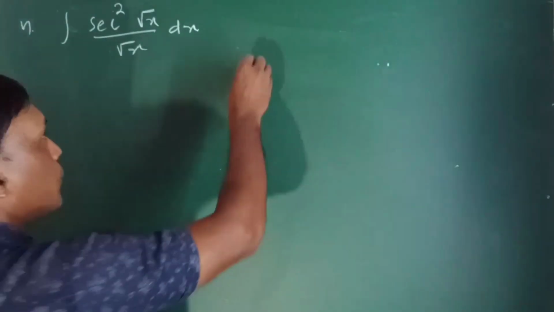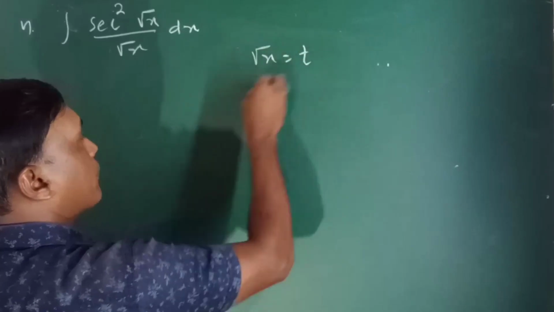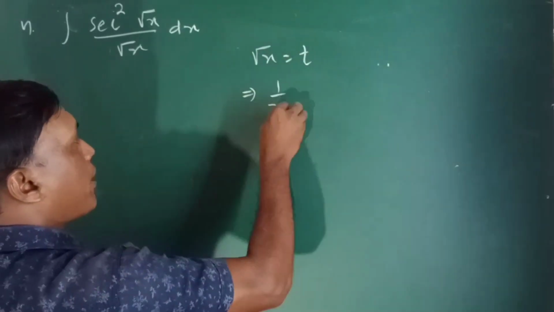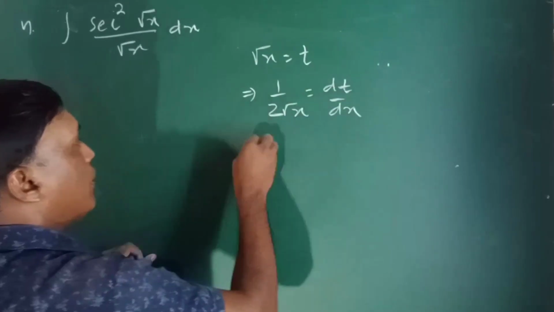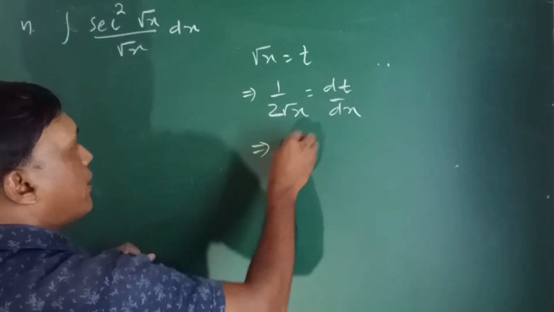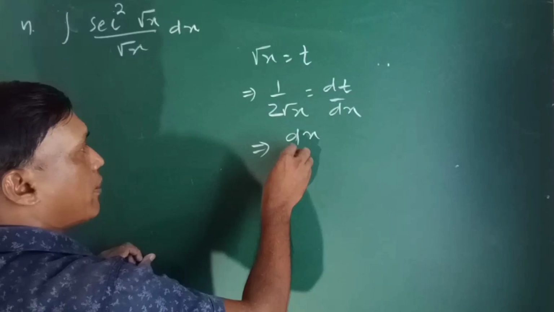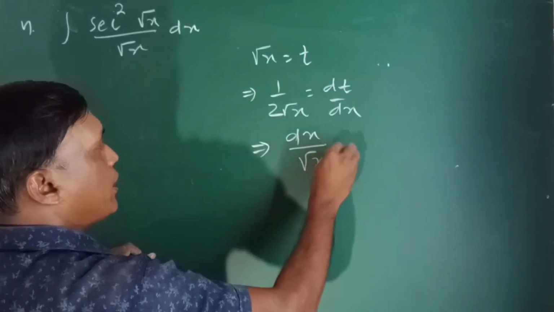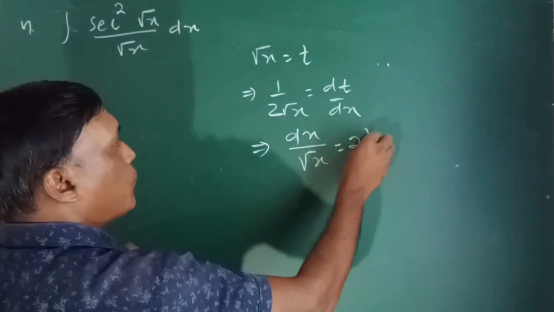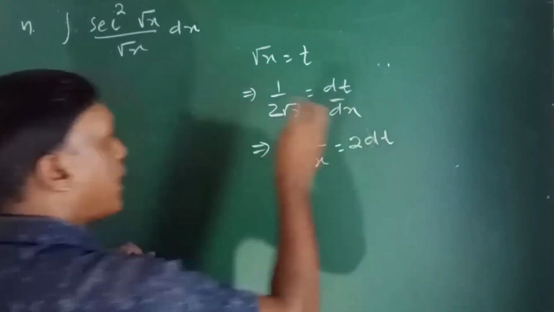Now put root x is equal to t. Derivative of root x is 1 by 2 root x, which is equal to dt by dx. Multiplying by dx, we get dx by root x is equal to 2 dt. Why did I adjust this?